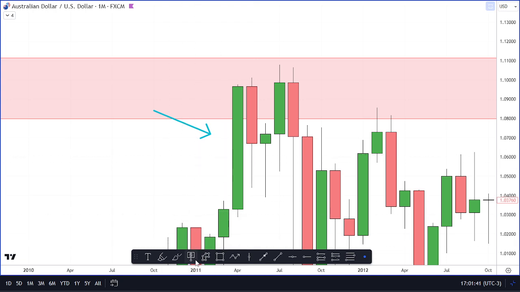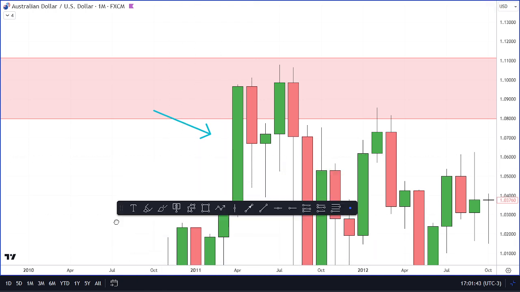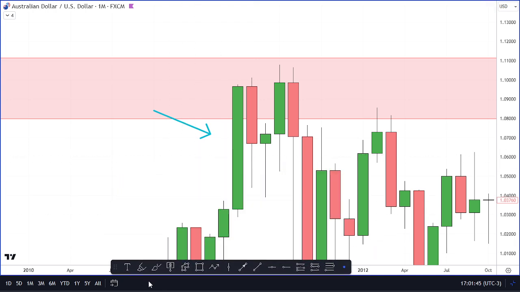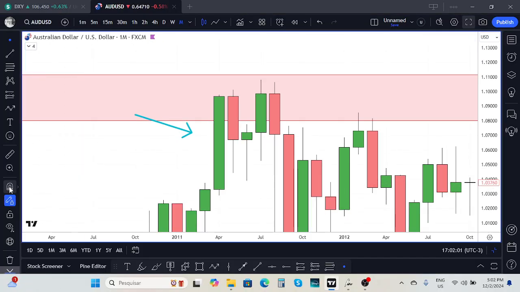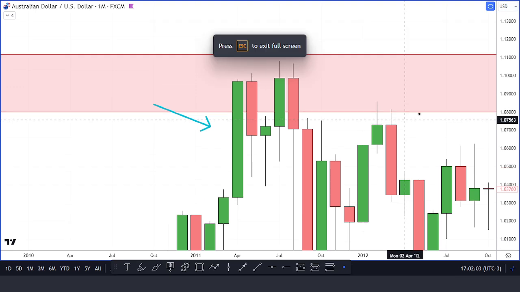Now I have right here, if you can see this, my layout of tools where I put my favorite tools that I'm using. Then we have this as price note. What this price note does is help us to know the exact price. I'm going to use the magnet because it's going to help a lot.